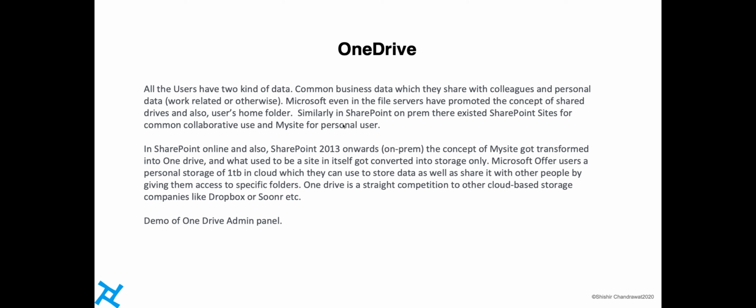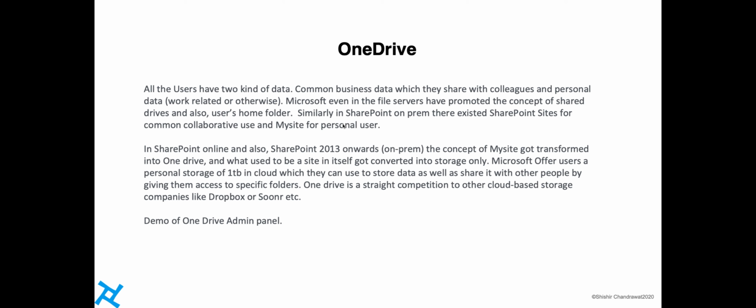But then he can have some personal data as well. Personal data could be actually his personal data, photographs of his family, or maybe some medical records for himself, or maybe he has access to some files which he doesn't want to share with other people in the organization.